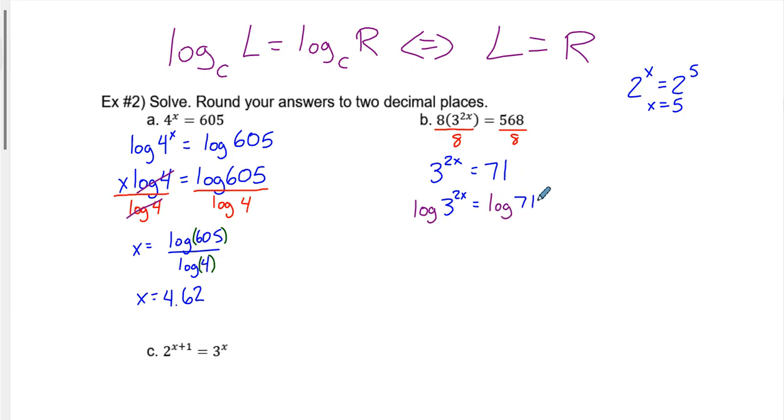I'm going to try and stay nice and color-coded here just to help illustrate some of the operations. Now when we have that logarithm, it allows us to evaluate these exponents. So we can bring that 2x in front. 2x log of 3 would equal the log of 71.